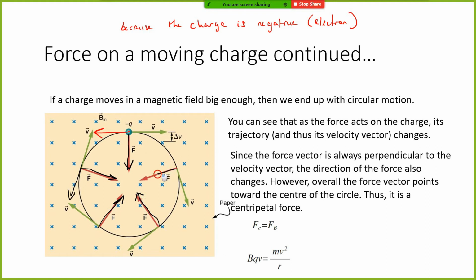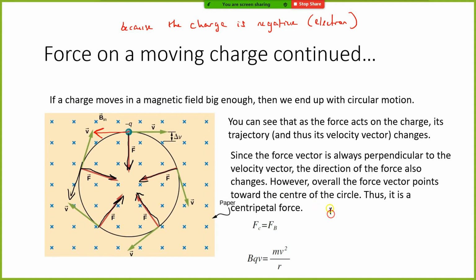So what this is bringing to our memory is the whole concept of centripetal force. So what we can conclude is that the force acting on the negative charge is essentially going to be equal to the centripetal force.